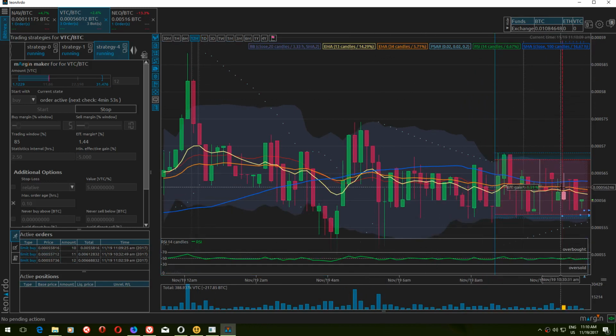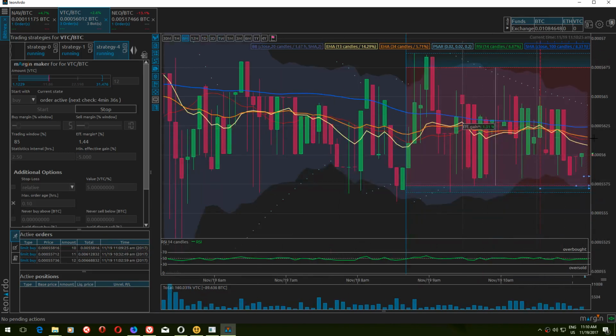As you can see, my yellow exponential is below the orange, so it means it's a buy signal. And the blue line is just about to meet the lowest simple average. So it's not too bad. I'm going to see how it goes.